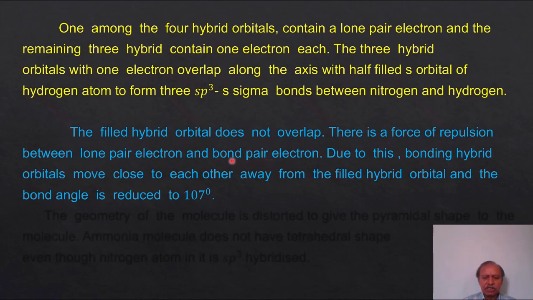Because of this force of repulsion, the bonding hybrid orbitals move close to each other, away from the filled hybrid orbital. There will be repulsion between the lone pair of electrons and the bond pair of electrons, so the bonding hybrid orbitals are pushed away from the filled hybrid orbital.